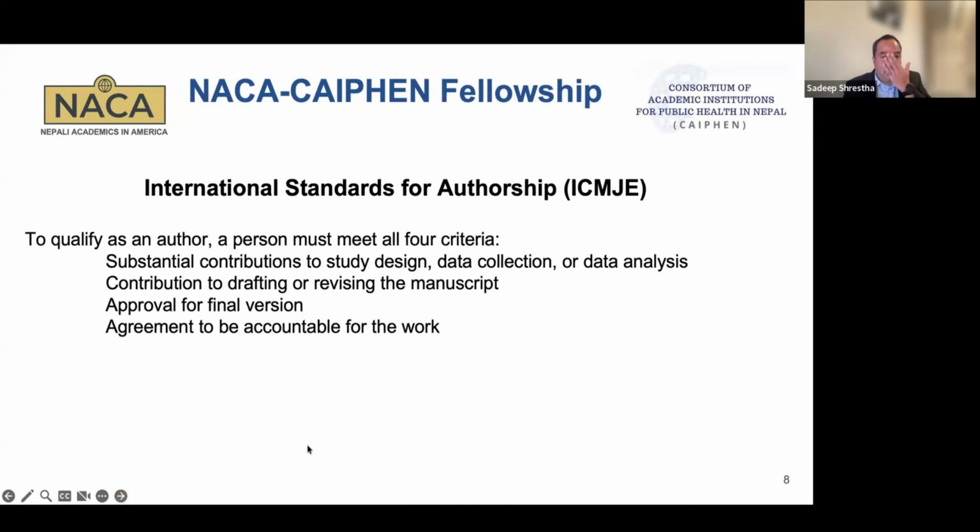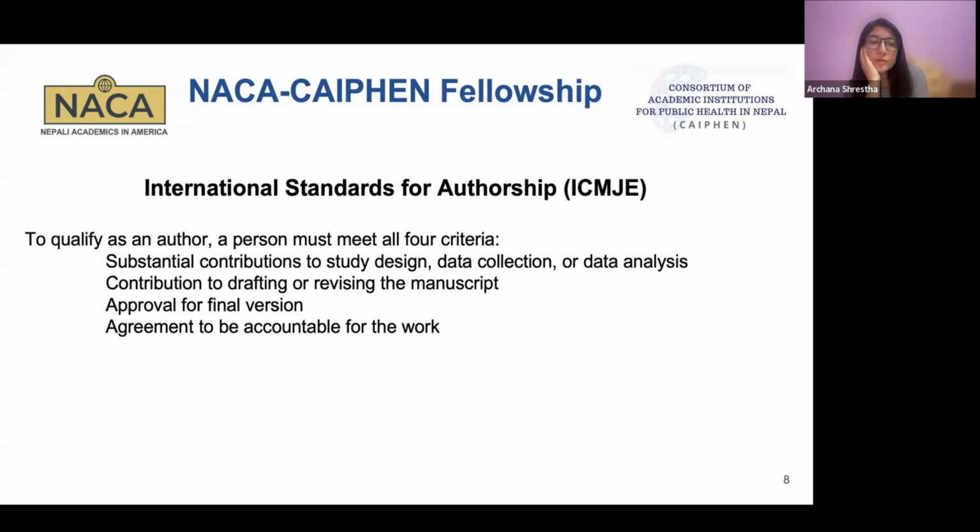Okay. All right. Archana, do you want to comment on this one, the international standards of authorship? Sure. So I think Sarita has already explained with a detailed example, but this is just a general guideline about who should share the authorship in a manuscript.